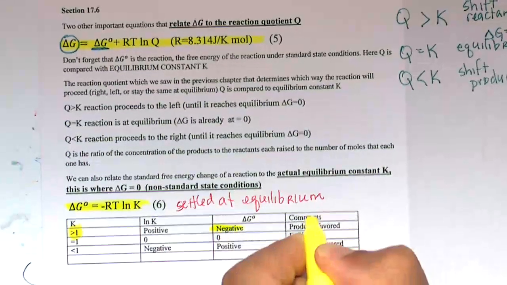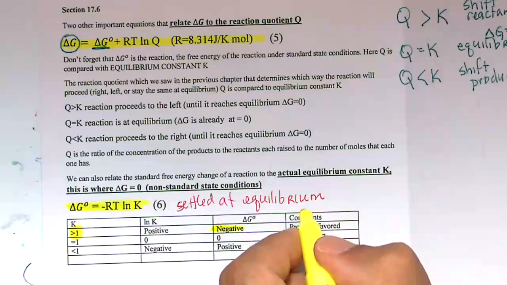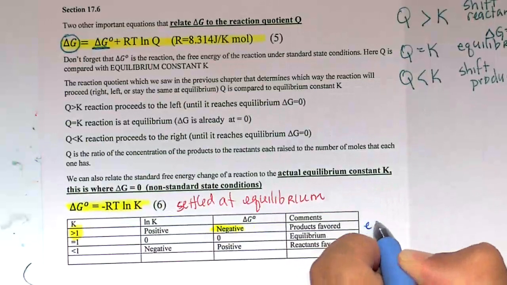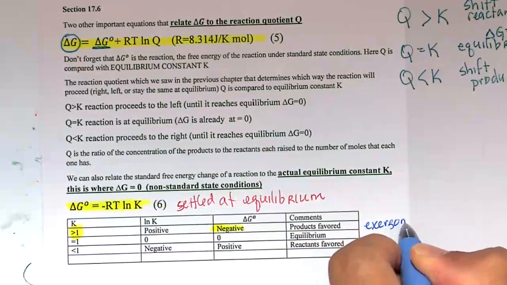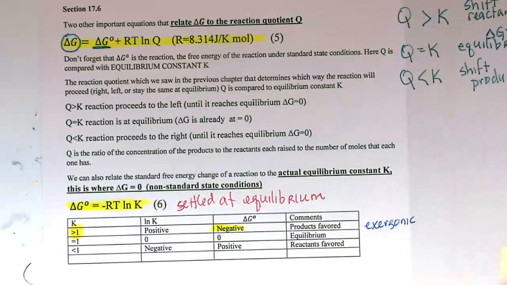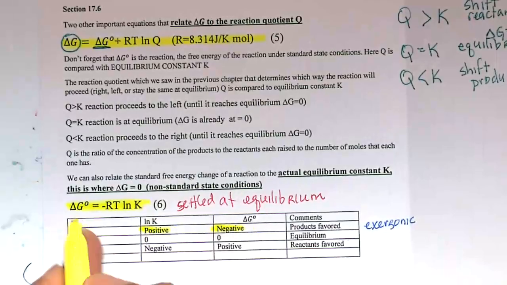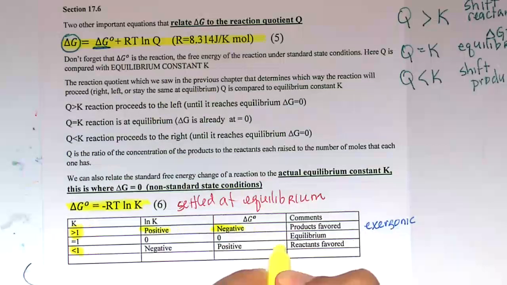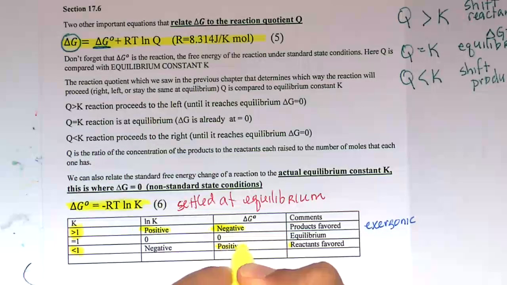It also means your delta G is negative, which we call an exergonic reaction. Remember? Exergonic. The natural log of K is positive. If your K is really, really small, that products over reactants ratio is small, it will favor the reactants.